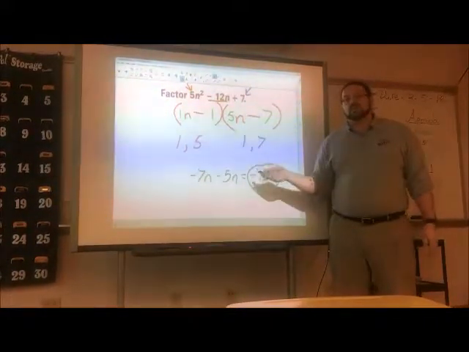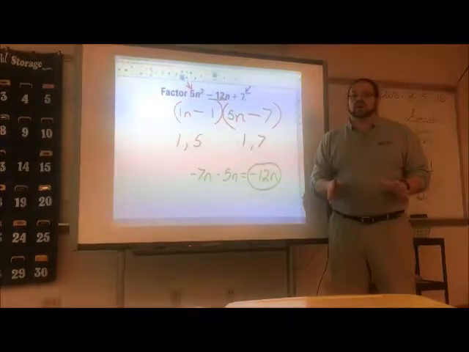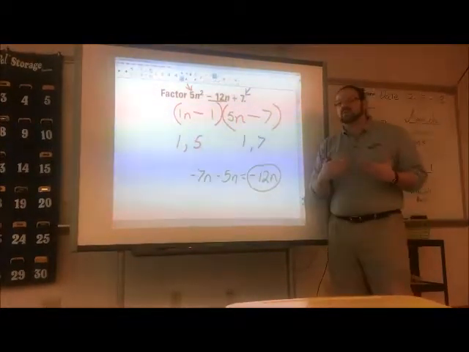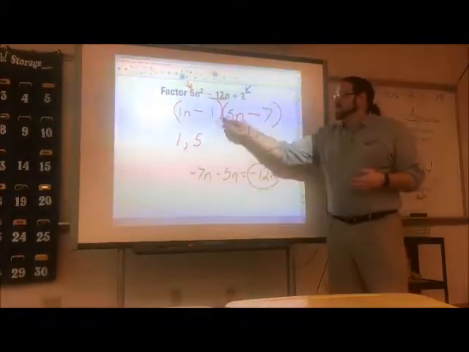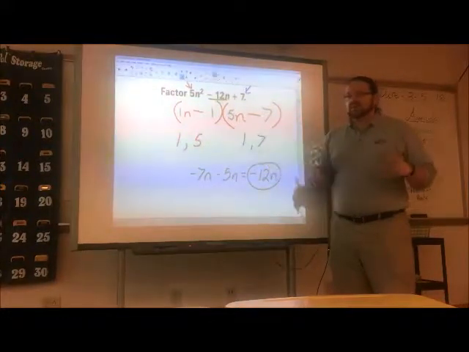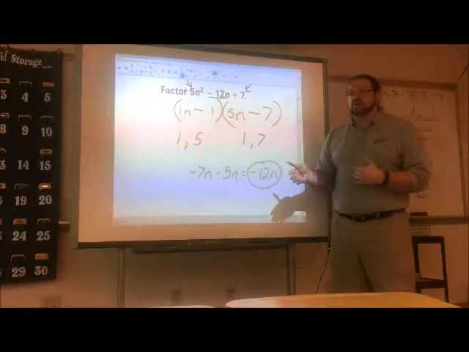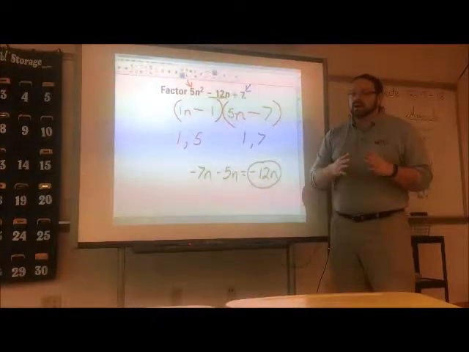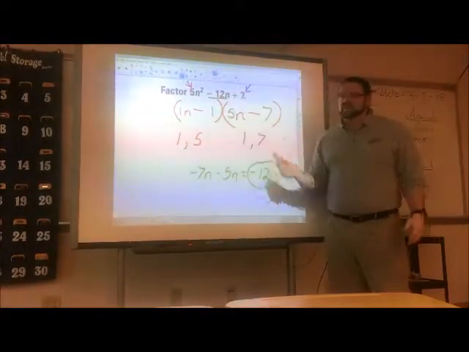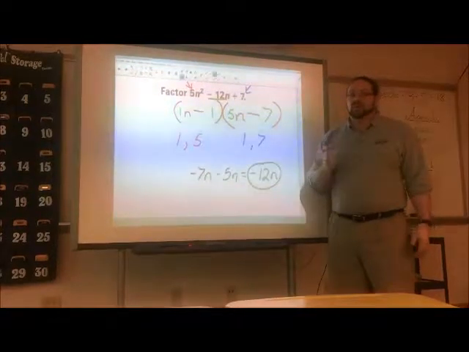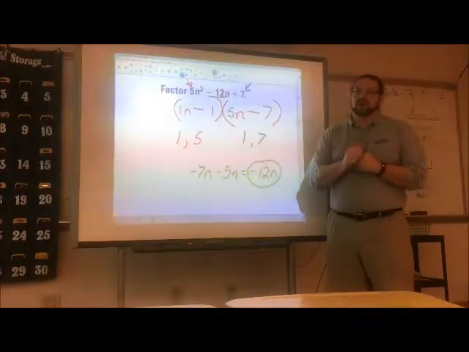As you do it more, you're going to get better at it. So you'll be able to see almost right away that the 5 and the 7 had to go in the same group. Otherwise, you got too big of a number. You're going to catch up on little things like that. But until I get back, this is the only way you got to do it. So you're going to have to do the guess and check method.